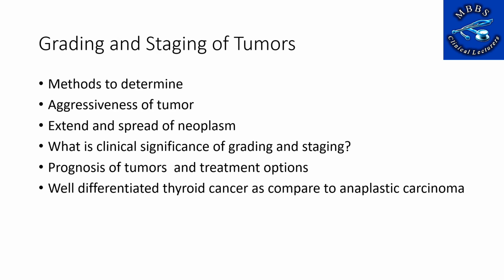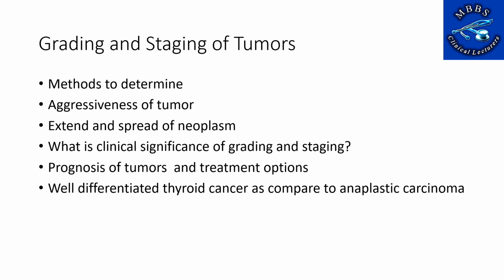Grading and staging of the tumor are basically the important parameters, or we can say these are basically the methods which are needed for the histopathologist or the clinician, surgeons or oncologists. With the help of these methods, these clinicians are going to determine the aggressiveness of the given tumors and to know about the extent and spread of the disease in the patient diagnosed with the particular tumors.